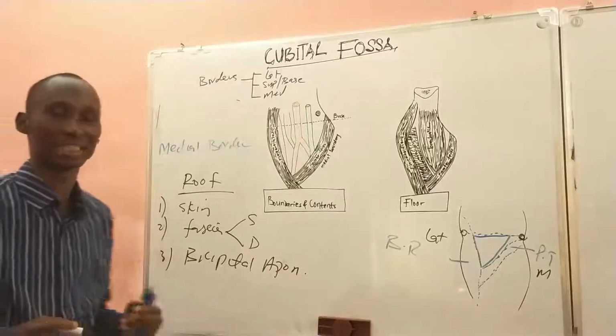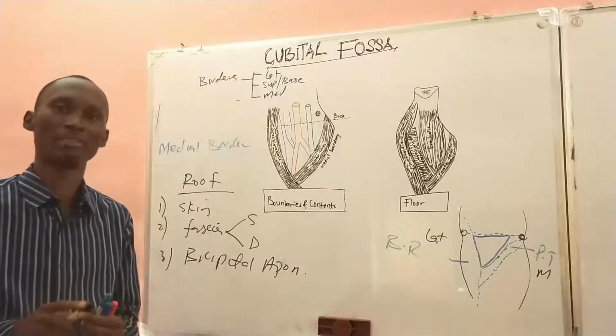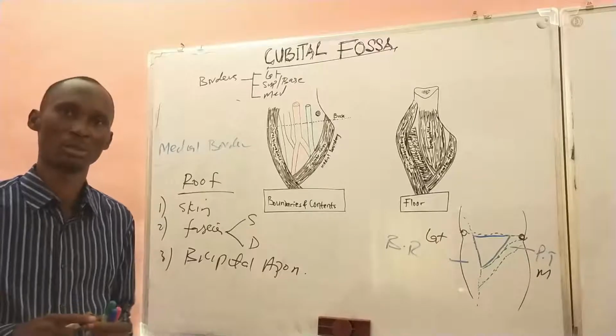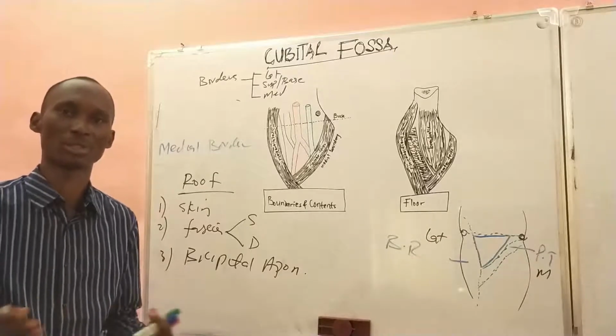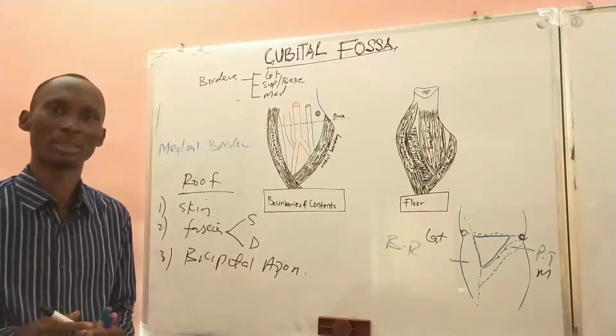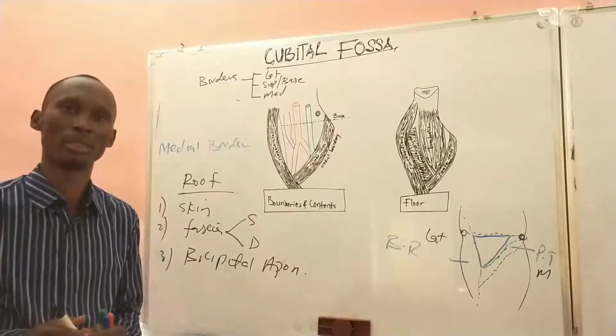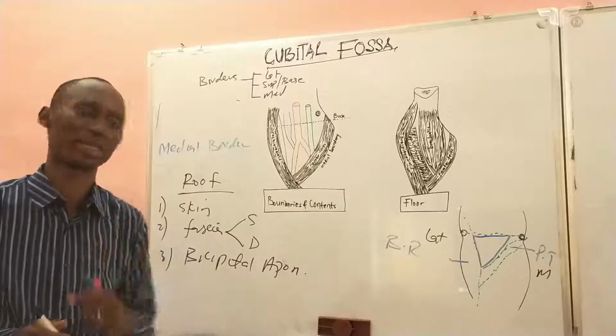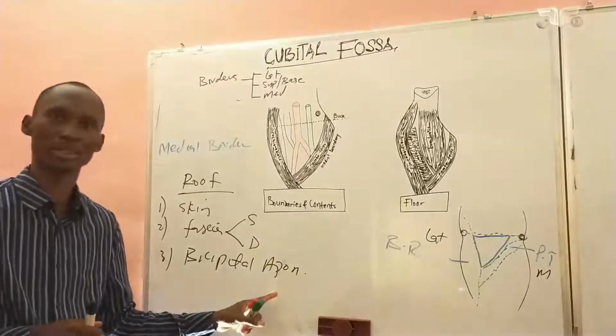The bicipital aponeurosis is the distal extension of the biceps brachii muscle. It has two extensions, one to the radial side where it's attached to the radius, the other to the ulnar side.